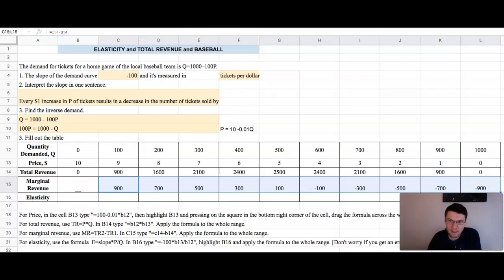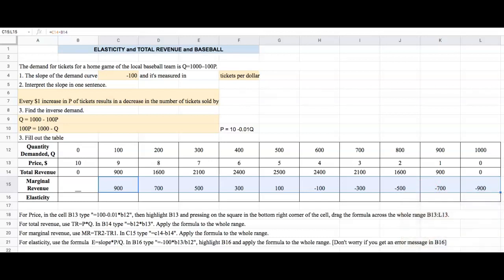And finally, let's calculate elasticity using the point elasticity formula. We know how to do that already. So for the point elasticity, we need to take the slope, which is negative 100, multiplied by price and divided by corresponding quantity. So the slope is going to stay the same, but the price and the quantity will be different in every column of the cell.